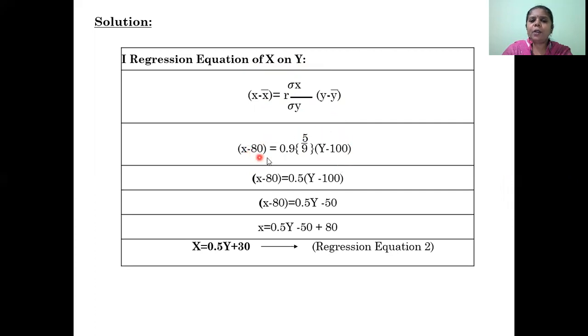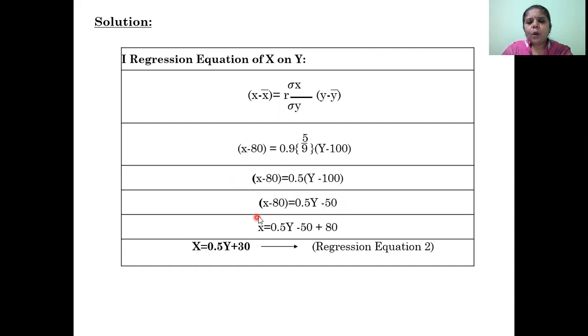Substituting the values from the problem, we get x minus 80 is equal to 0.9 into 5 divided by 9, which is 0.5, times y minus 100.